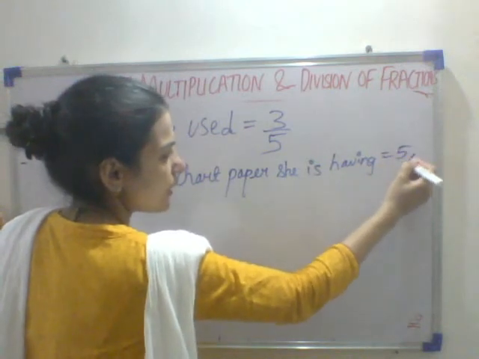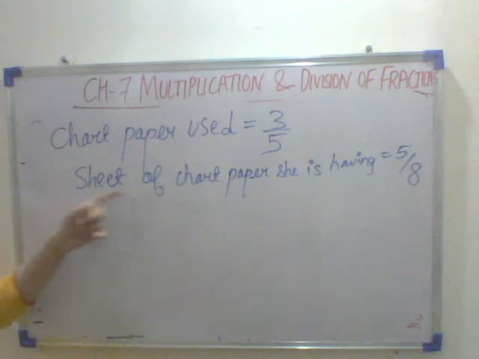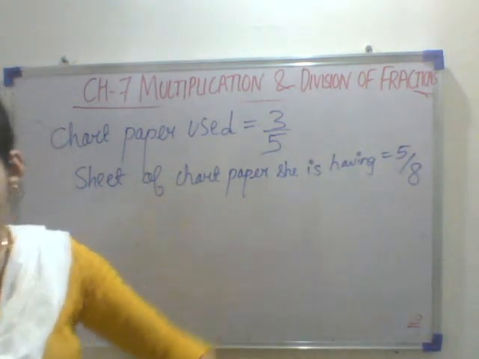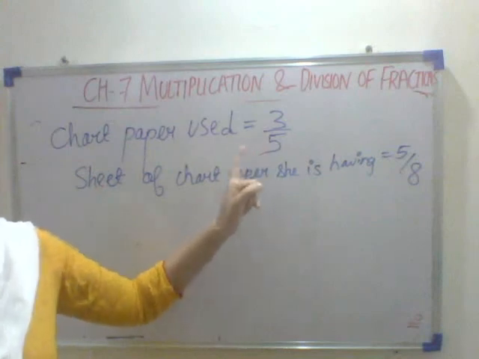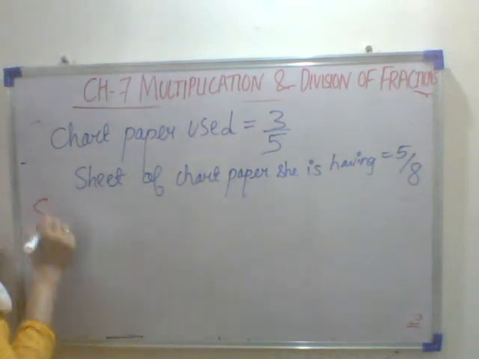She is having 5/8 of the sheet. So what is given in the question? The sheet of chart paper she is having is 5/8. And how much is used by her? It is also given, 3/5. So what we have to find out? We have to find out how much chart paper she used.